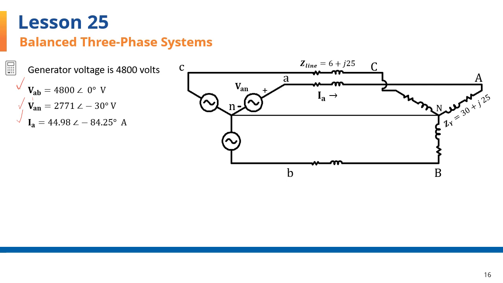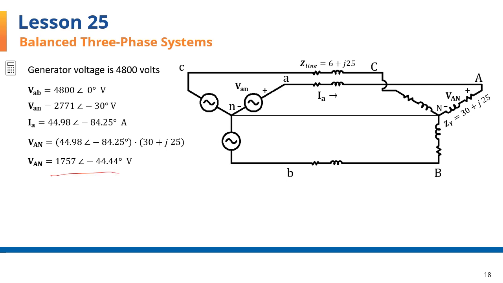Now that we have IA, we can find the load's line-to-neutral voltage VAN on this side. And that's simply the product of the line current times the Y impedance of the load. And VAN comes to 1757 volts with negative 44.44 degrees of phase angle.